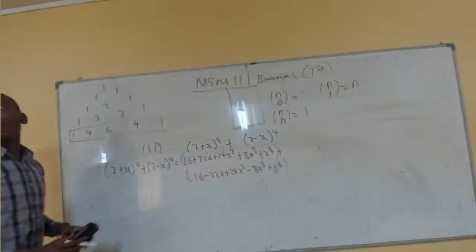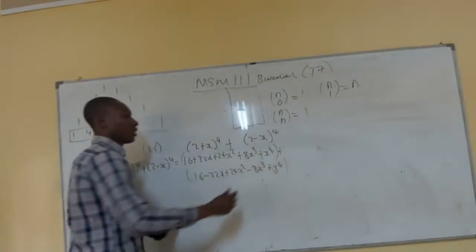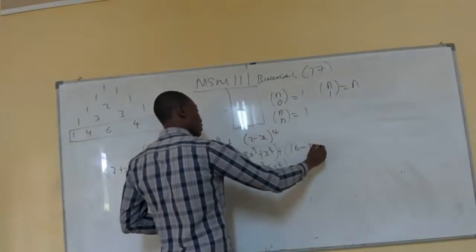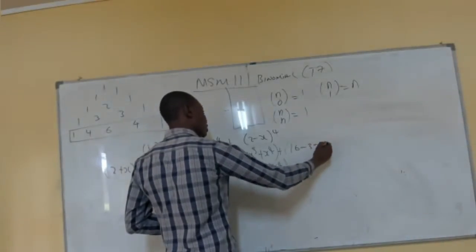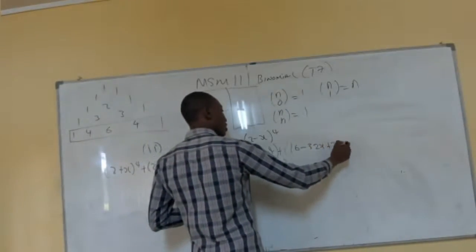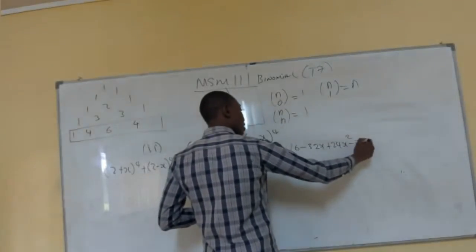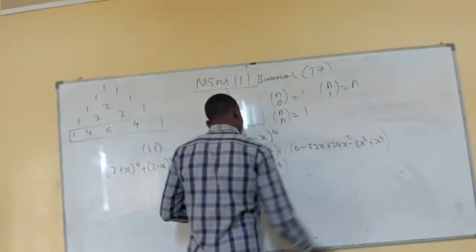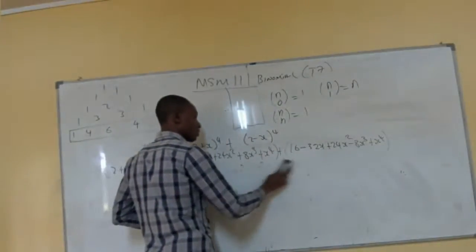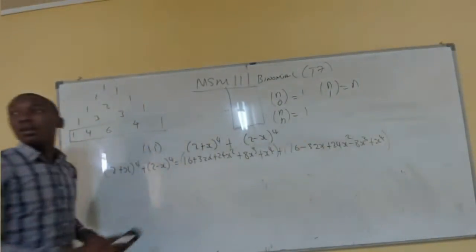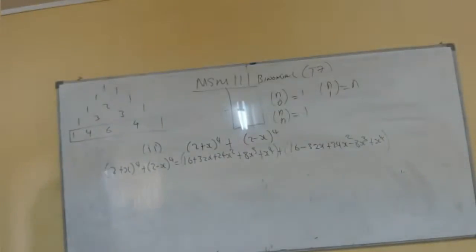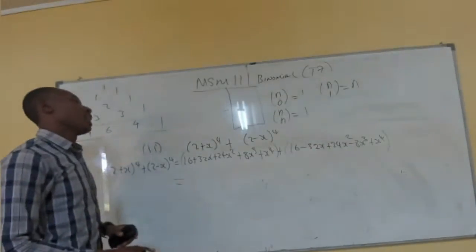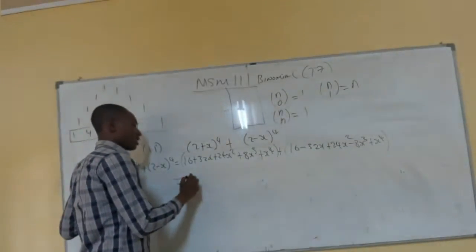I would have actually extended going all the way here, like this. I think it's visible. If you are adding this, 16 plus 16 is 32.